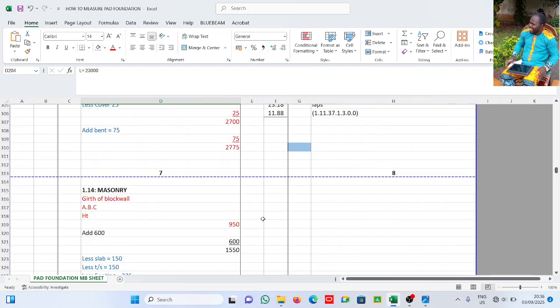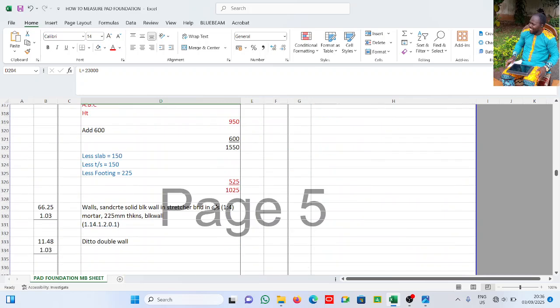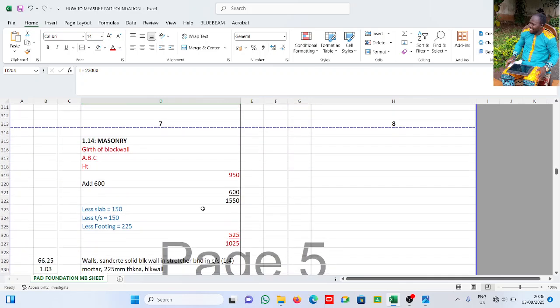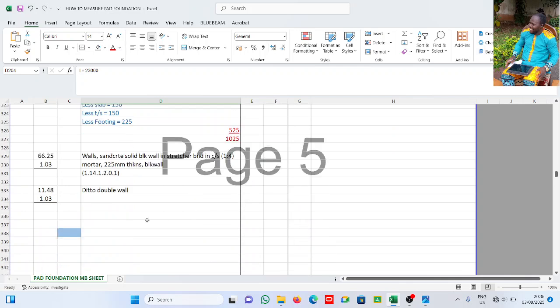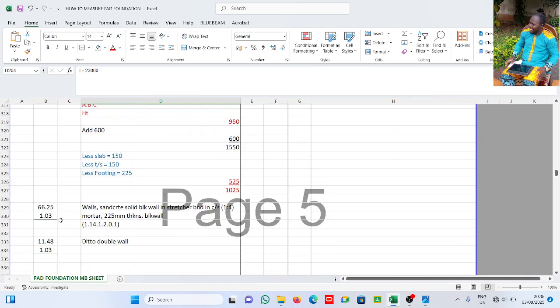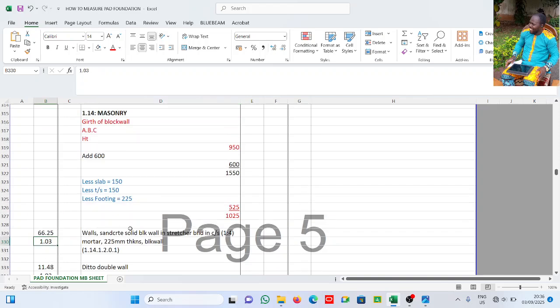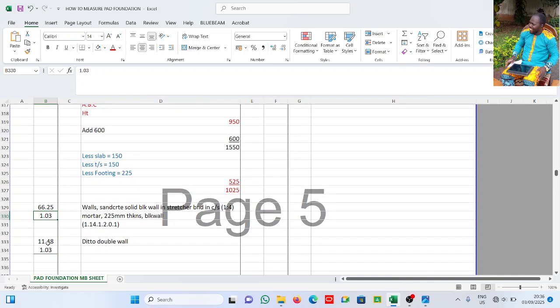All right. So we have this block wall masonry. We have already calculated it before. If you see, I didn't do any calculation. I just went to pick it from where I calculated it, and that is what I am using here.